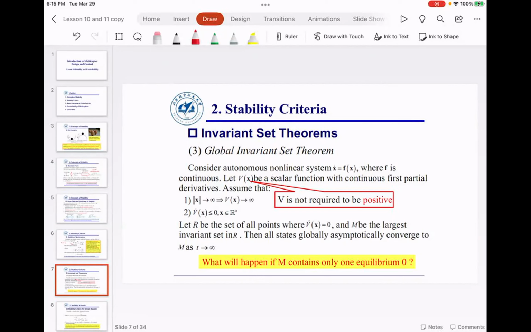If the energy decreases over the period of time, then the system eventually has to come to rest. And that means the system is in asymptotic stability. If the energy continues to increase, then the system is unstable.